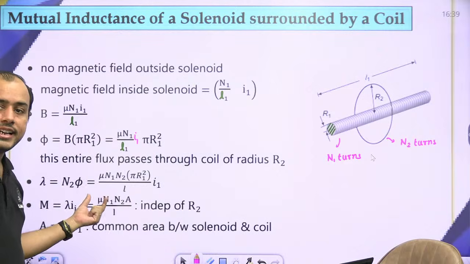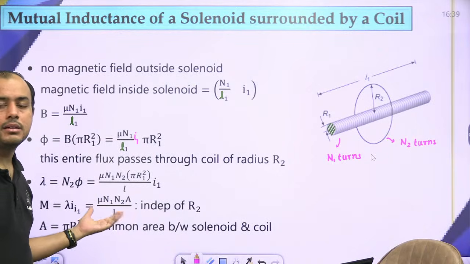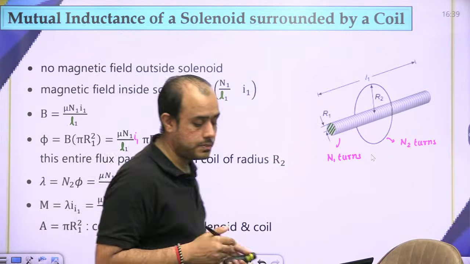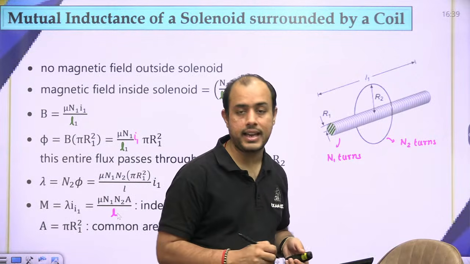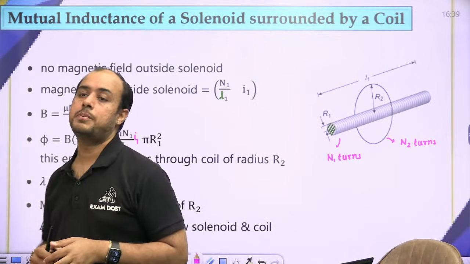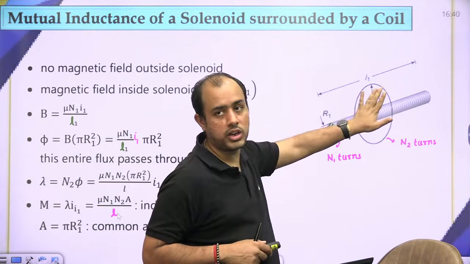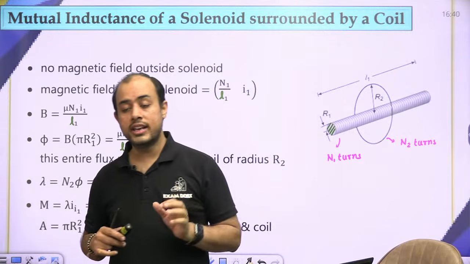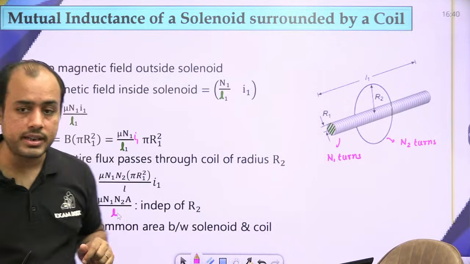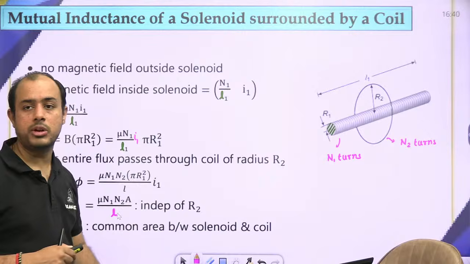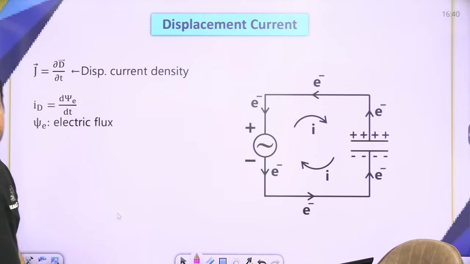Now divide it by the current to find the mutual inductance. It is μN1N2A by L, where A is πR1². A is the common area between the solenoid and the ring. In the mutual inductance formula, only the common area between the solenoid and the ring is taken.